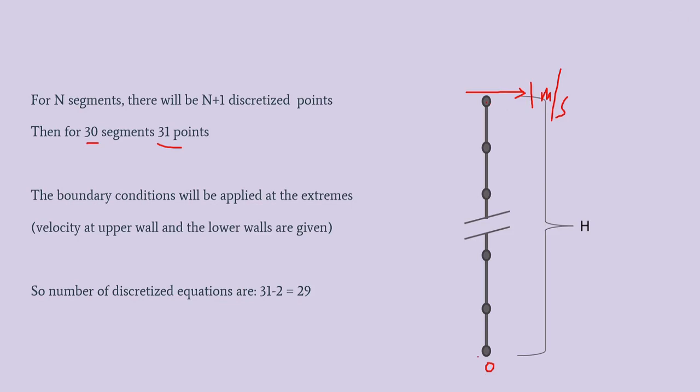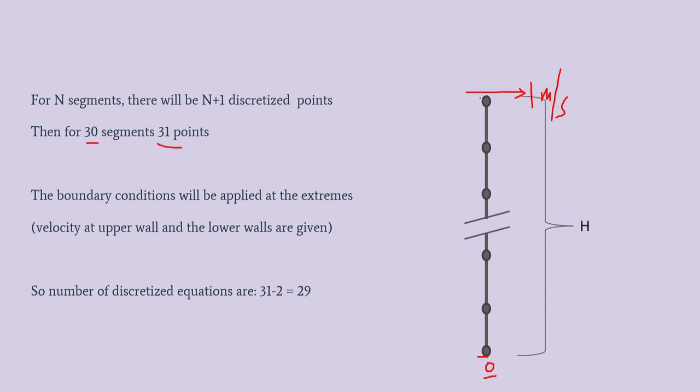The first one is the boundary node, where we know the velocity u is equal to 0, so we don't need any discretized equation to find the value. Again, the last node is another boundary condition: the top plate is moving at 1 meter per second. So there also we don't need to discretize an equation, as the value is given.